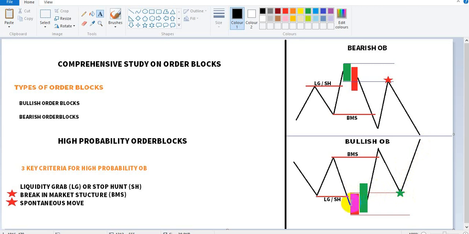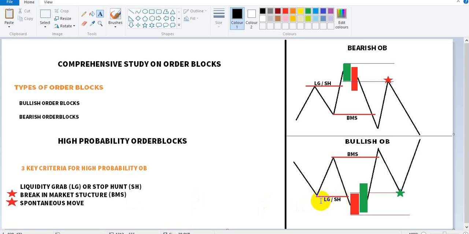Now I want you to understand something. For the three criteria I look for while trading high probability order blocks, I told you initially that I look for three things, the first being liquidity grab or stop hunt. Now I'm going to explain what that means.